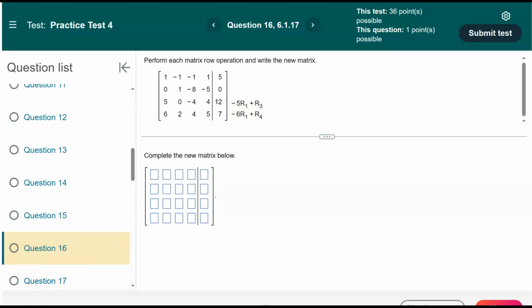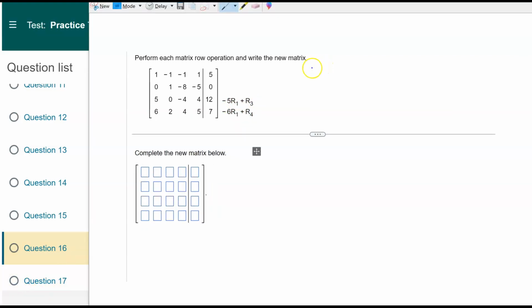You're going to replace that by the new row after you perform the row operations here. So for row 3, this is what you're going to replace row 3 with. You multiply -5 to row 1. So you have -5, +5, +5, -5, -25. Make sure you multiply correctly: -5, positive, positive, and then -25. Then you add that to row 3.